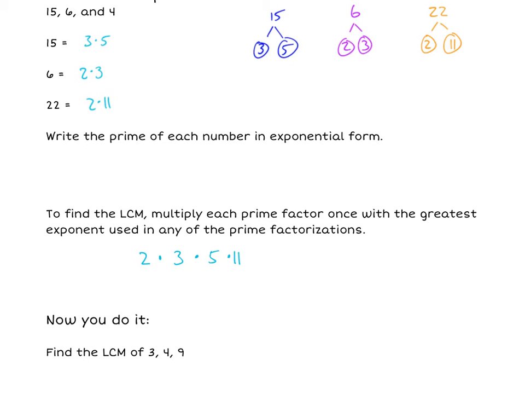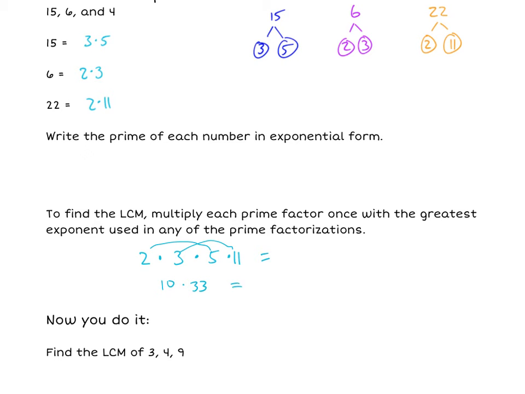So you're taking the most of any number. There's one 2, one 3, one 5, one 11. You're going to multiply those all by each other. This is where calculators come in handy, but we can do that really quick. 2 times 5 gives me 10. So I'm going to do these guys first, that's 10. 3 times 11 is 33.